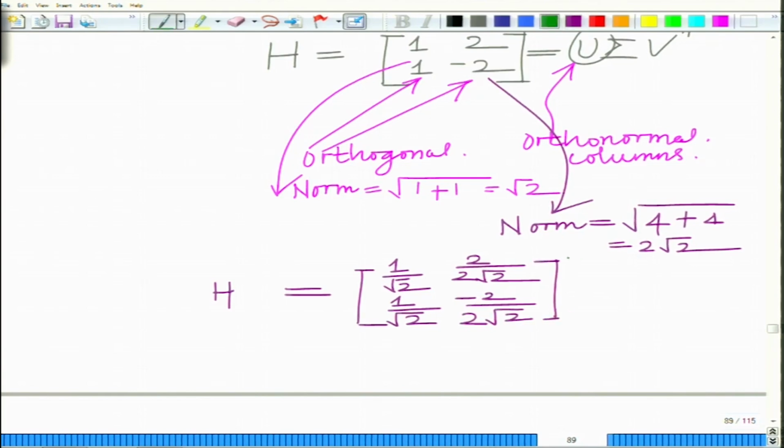Since I am dividing by the norm, I also have to multiply each column by the norm, which is basically a diagonal matrix comprising of the norms: square root of 2, 2 square root of 2, 0, 0. Now obviously, you can simplify further.